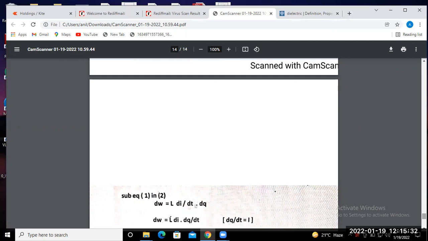So dw, a small work done, is L into di by dt into dq.